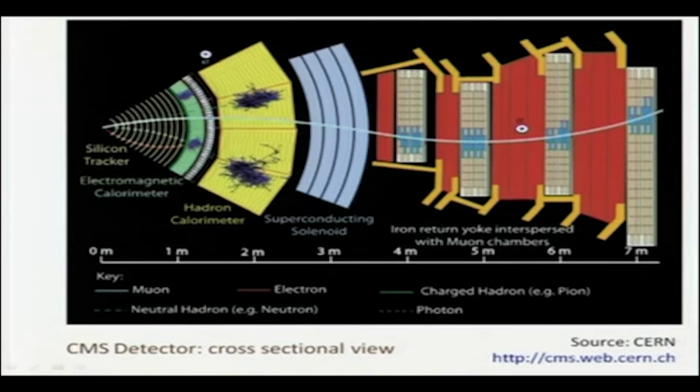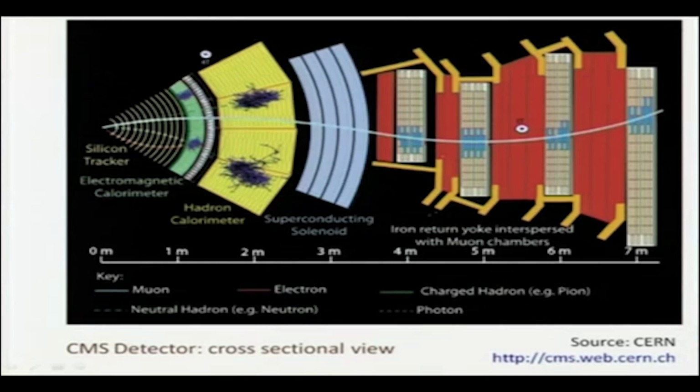They go past the hadron calorimeter as well, and they leave their traces in the outer part of the detector, which is called the muon chamber. So, there are different sets of these muon chambers, and each of these will detect the presence of the muon passing through.